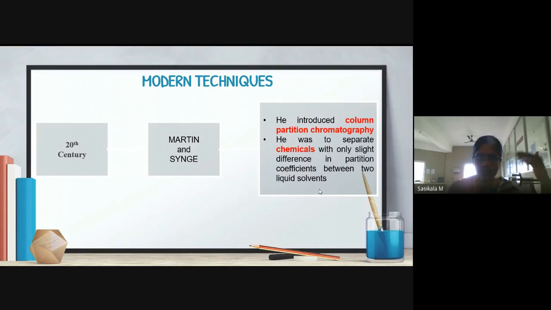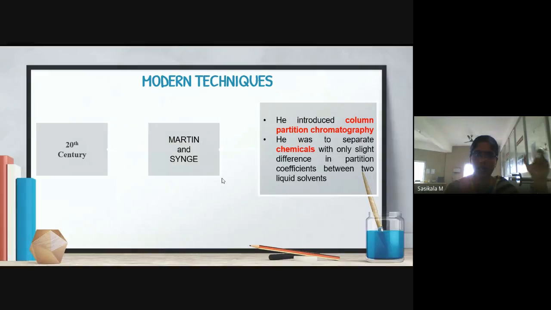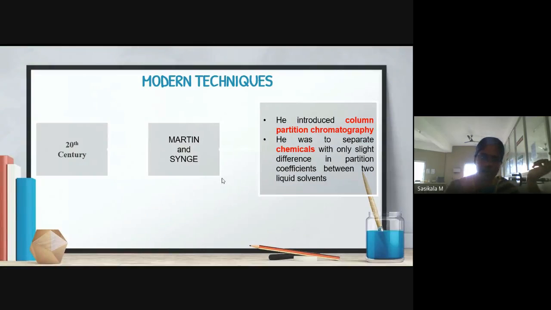So using two immiscible liquid solvents, chemicals can be separated. That concept was introduced through column partition chromatography by Martin and Synge. You know what the partition principle is in column. So column adsorption by Michael Sweat, and column partition by Martin and Synge, both in the 20th century.